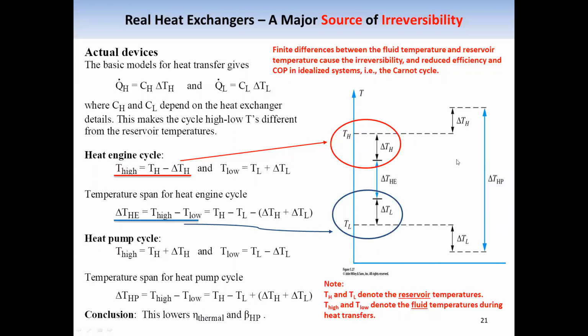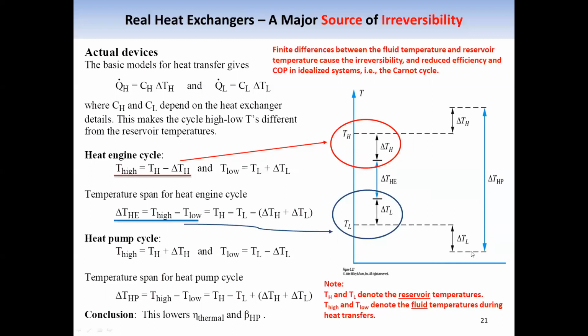But the temperature of the working fluid when it rejects the heat to the environment has to be significantly higher than T sub H, because heat tends to transfer from high temperature to low temperature. So the working fluid is actually at a higher temperature than T sub H.